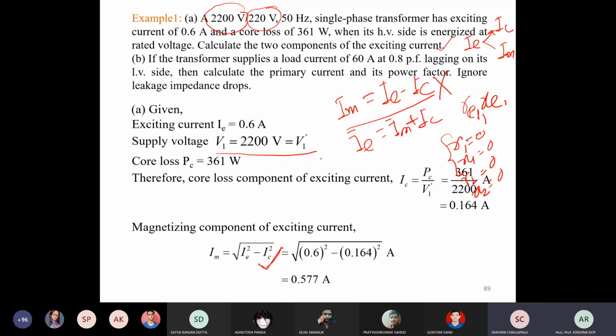Here the magnitude of IE will be given by root under IM square plus IC square. So using this equation we can calculate IM.